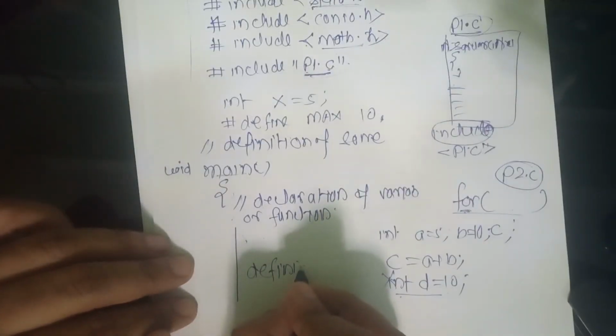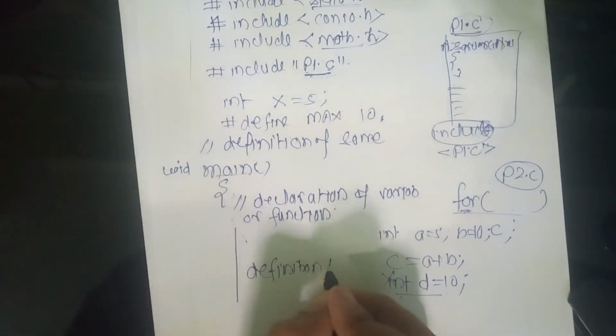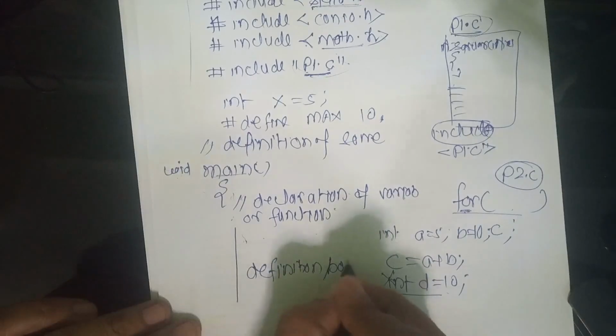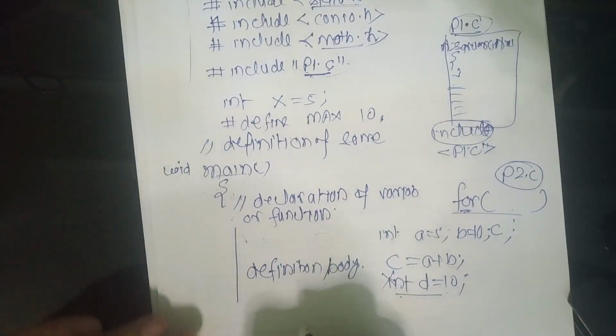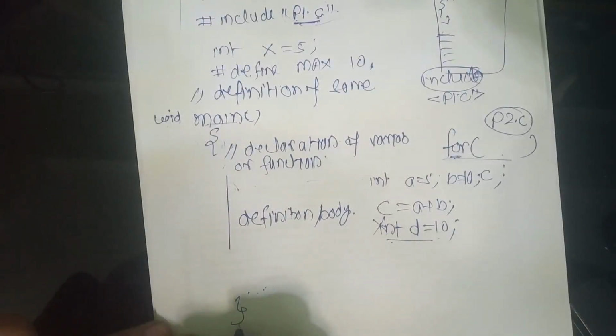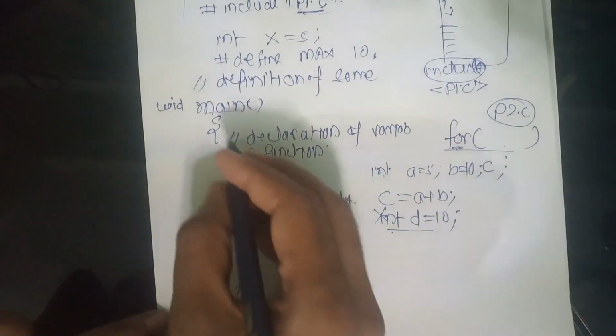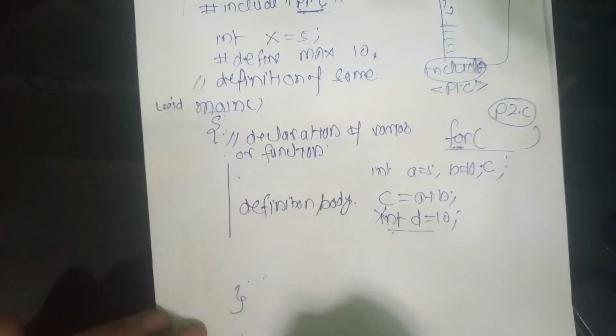definition of the function, definition or body. And after that you have to use the closing brace, and this tells the end of the main function.